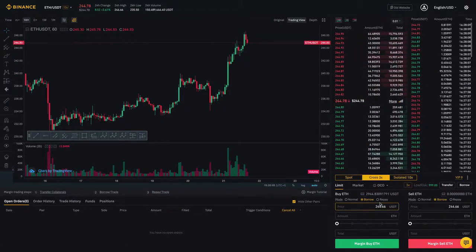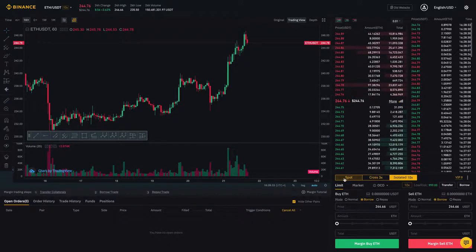Now, cross is across all of my assets that are in that account, on different positions or different cryptos that I have.